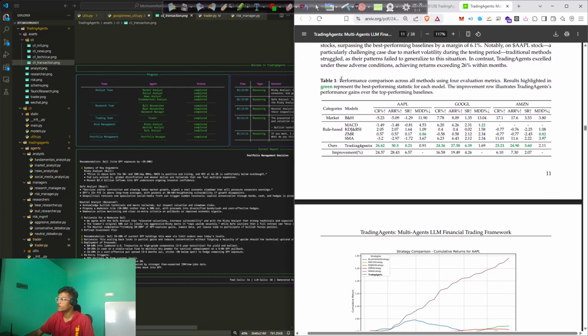So we can see on table one performance comparison across all methods using four evaluation metrics. Results highlighted in green represent the best performing statistic for each model.